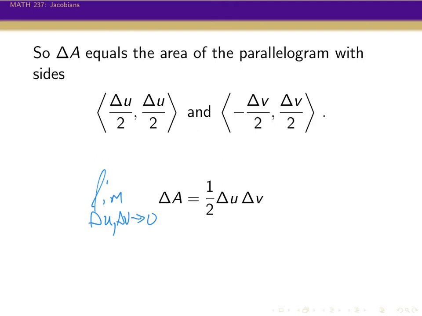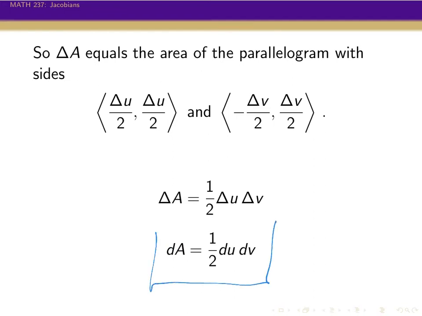And so that's what's going to give us our dA. And so when we convert our area from x and y into u and v, we have to multiply everything by 1/2. Okay, so dA is 1/2 du dv.